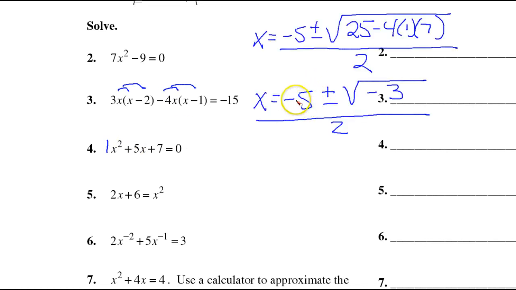So this then becomes negative B, so a negative 5, plus or minus B squared is 5 squared, 25, minus 4A, which is 1, and C, which is 7. So this is a negative 28 plus 25 gives you a negative 3.